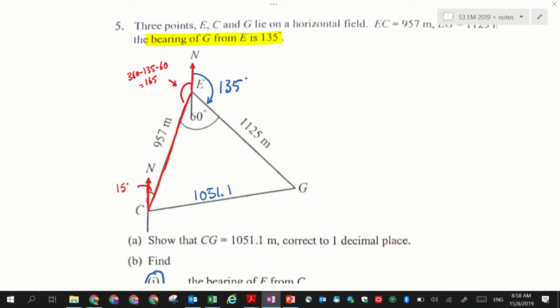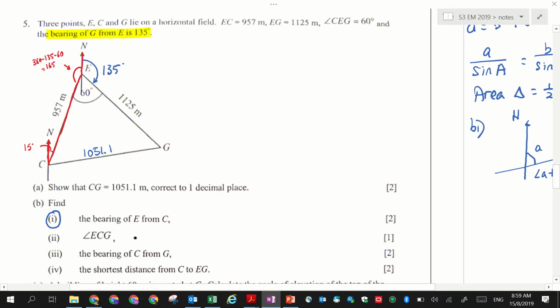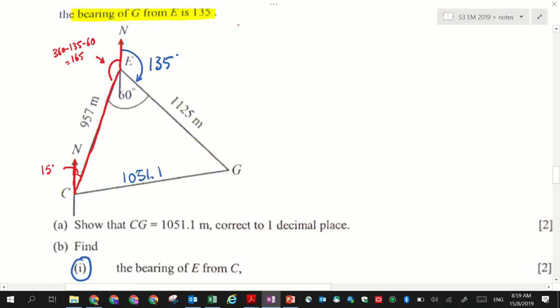Yes, bearing is 015. Right? So for B part 1, the bearing of E from C is 015 degrees.